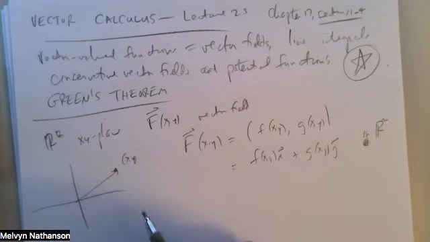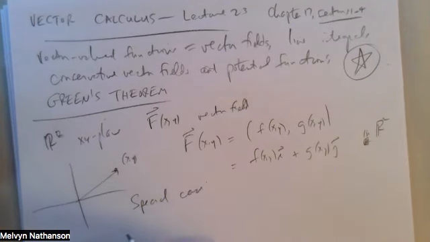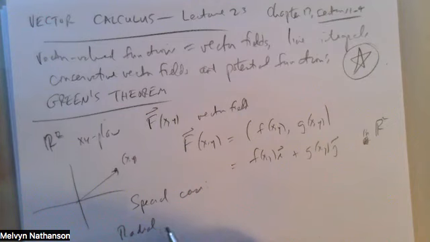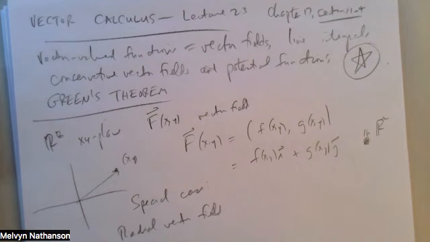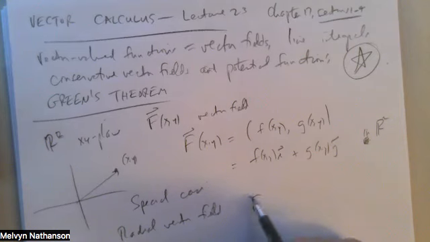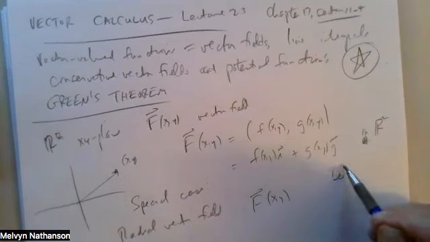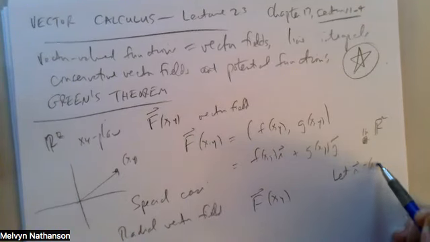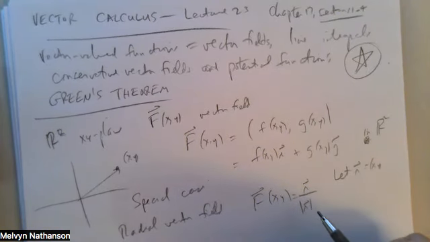One very special kind of vector field is a radial vector field, which sends every vector to a vector parallel to itself. A particular kind of vector field would be F of xy, if we let the vector r be xy, r divided by some power of its length.